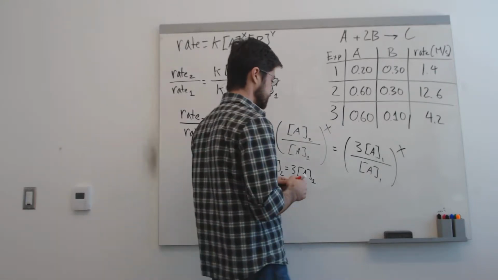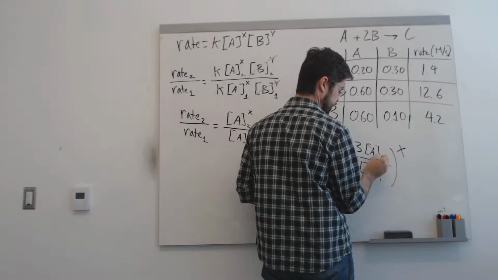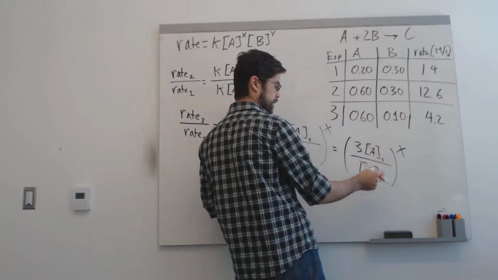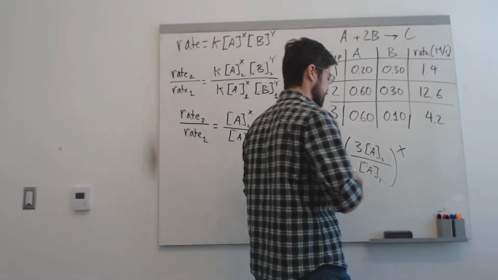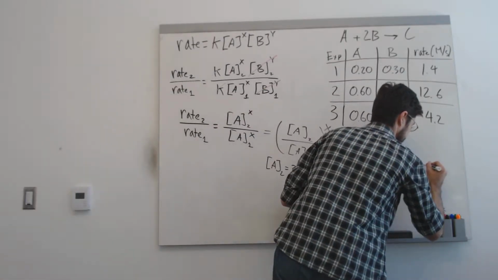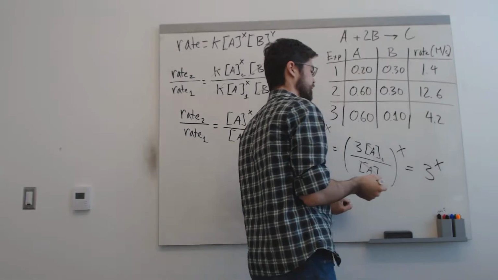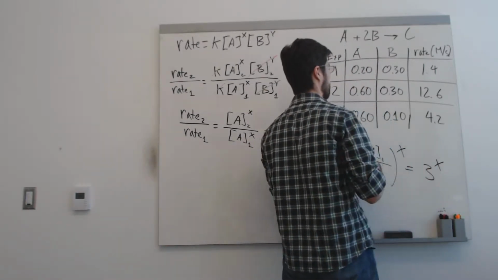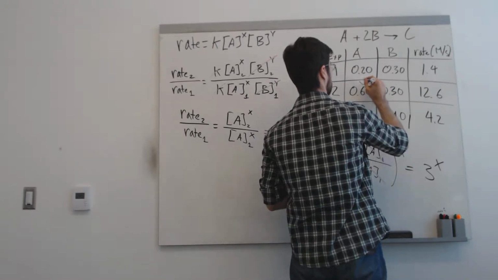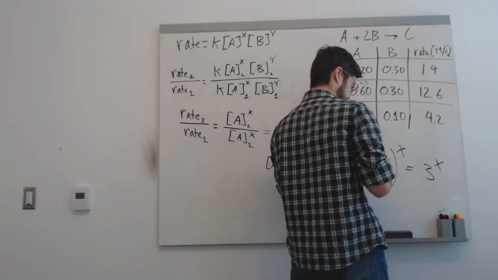These two divide away because they're equal to each other. What I'm left with is 3 to the x. That 3 notes that I increased the concentration by a factor of 3.